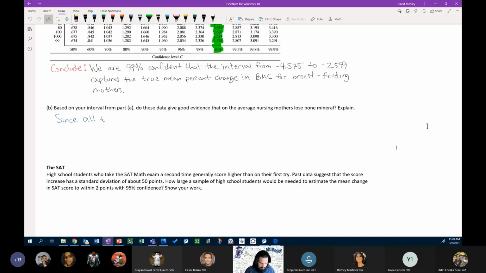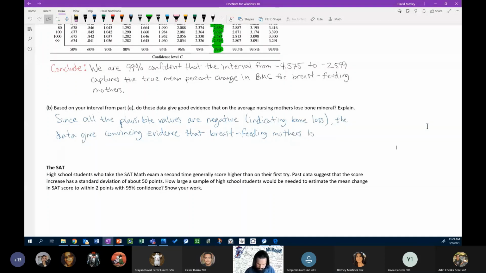Since all the plausible values are negative, right, indicating bone loss, the data give convincing evidence that breastfeeding mothers lose bone mineral on average.